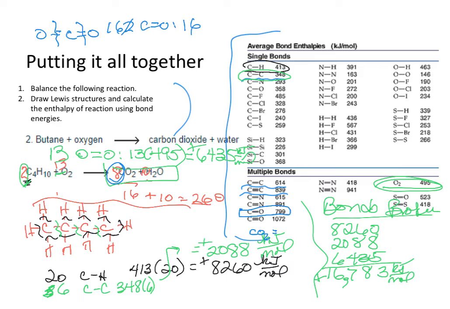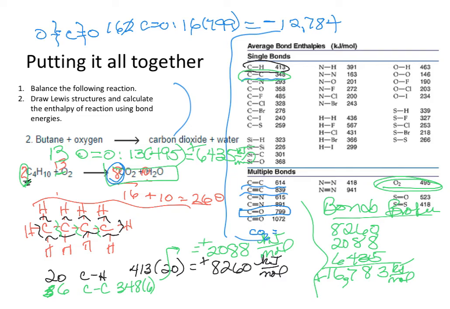So anyway, 16 total carbon-oxygen double bonds times 799. So the energy released in making all those carbon-oxygen double bonds is, I'm going to put our minus there, 12,784. It's a lot of energy released.